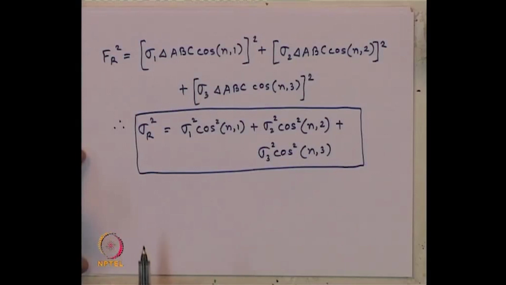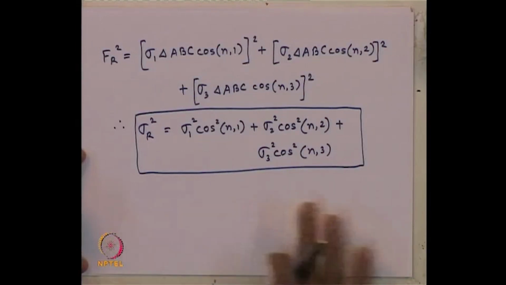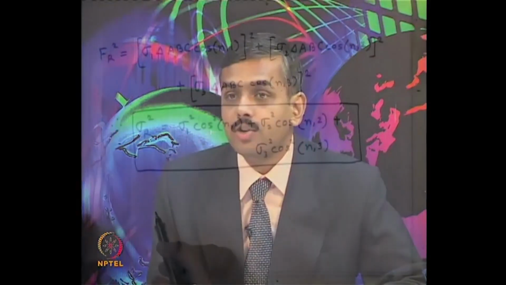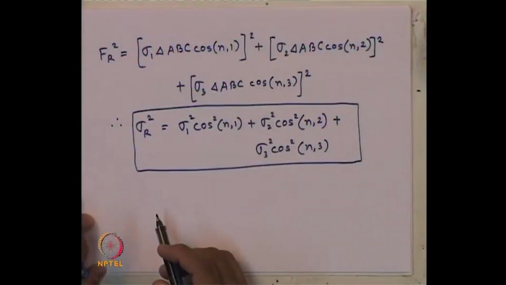Now, how to represent these 3D stresses in the form of a 2D Mohr circle? That is, we are now representing 3-dimensional stresses in 2-dimensional form. How to do that? Let us see. The third relation which must follow is the cosine rule of angles.